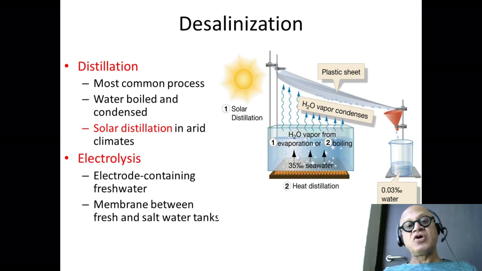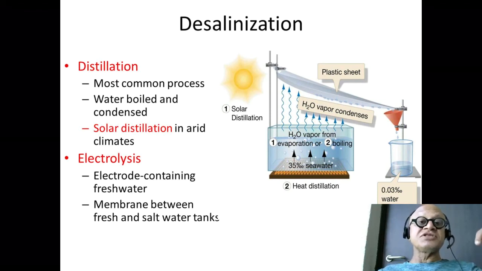And because there is so much salt in it, you end up with a little bit of fresh water compared to the amount of energy that you are using, right? But if you're in a desert and you have a lot of free solar energy, maybe you can scale it up. Electrolysis is another way where you put two electrodes.